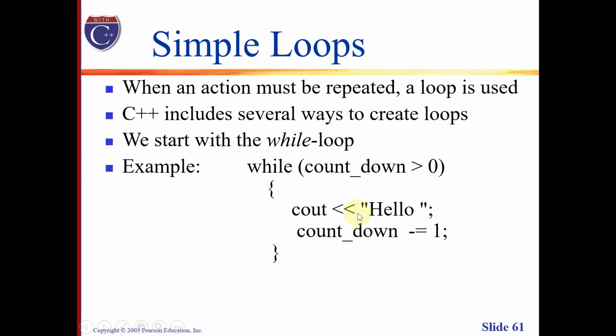As you can see here, we use the while keyword followed by the condition, which is basically a Boolean expression. Therefore, if this is true, the following statements will be repeated until such time that this Boolean expression gives a value of false, which would end our while loop.